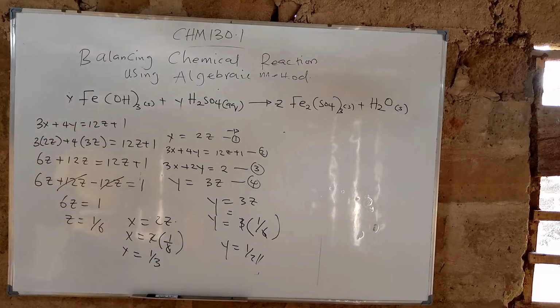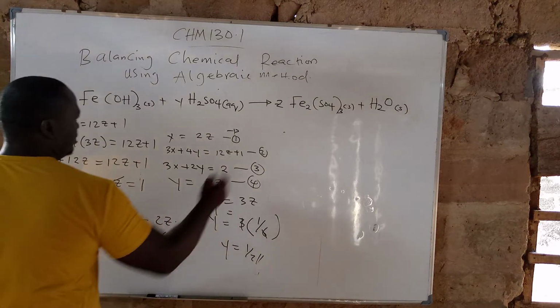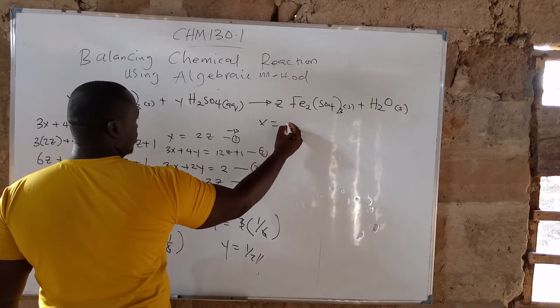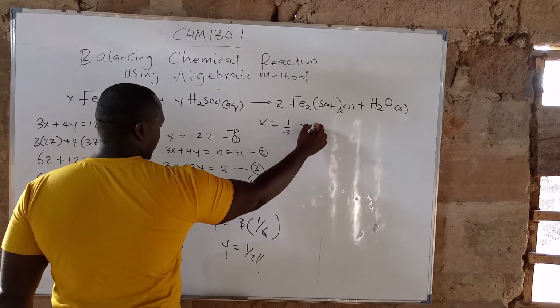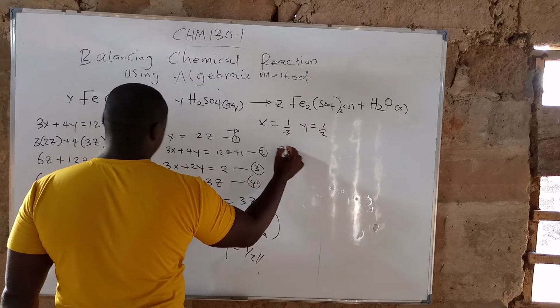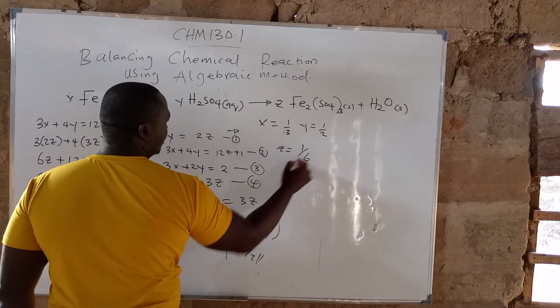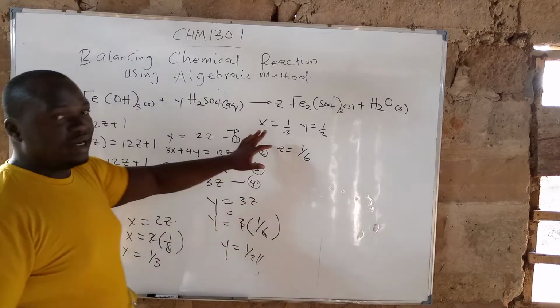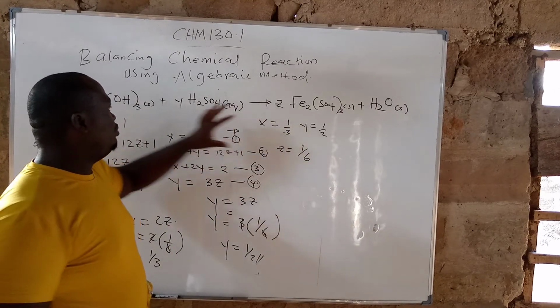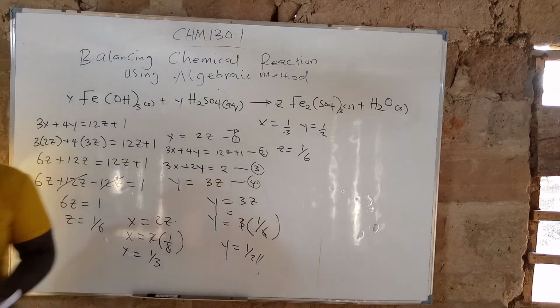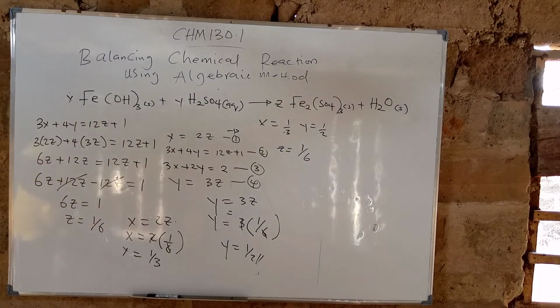So I have my X, Y, and Z, right? Let me write it here. So my X is equal to 1 over 3, my Y is 1 over 2, and my Z is 1 over 6. Having gotten these variables, all I have to do is substitute them into the equation, and the answer will flow naturally.